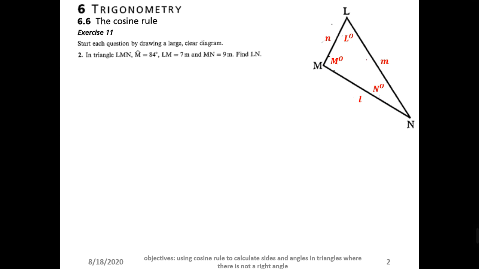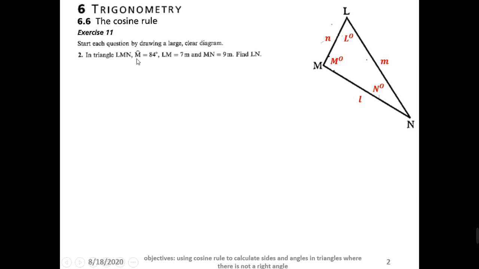And then I name each corner of the triangle and I identify the angle and the opposite side. Always the angle takes the capital letter, and the opposite side takes the exact same letter, except we write it in small letter.